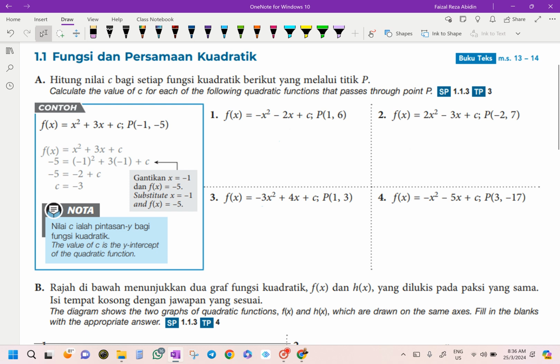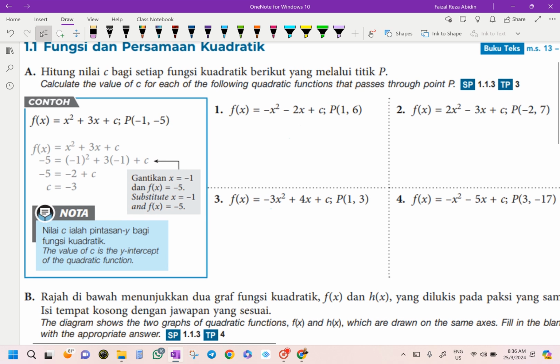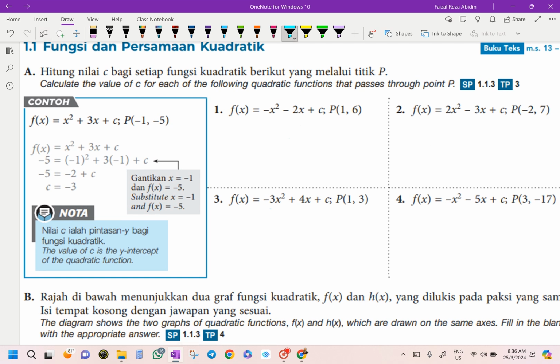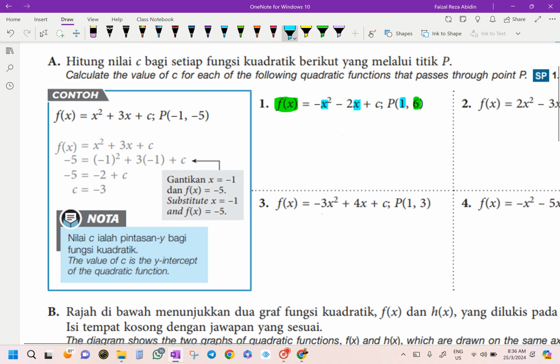Okay, calculate the value of C for each of the following quadratic functions that pass through point P. If you look at our first question here, it's the same as our Strategi 1.1C and 1B, betul tak? So you just substitute. This is going to be your Y, then this is what we call your x.